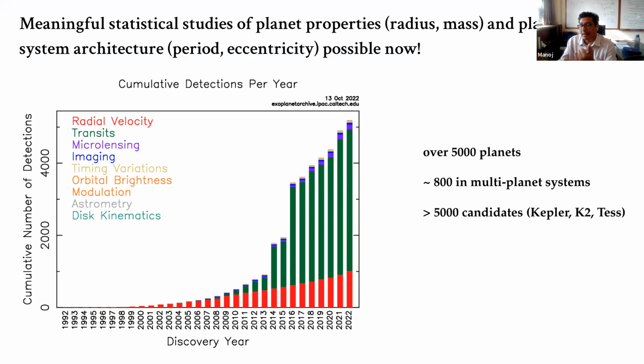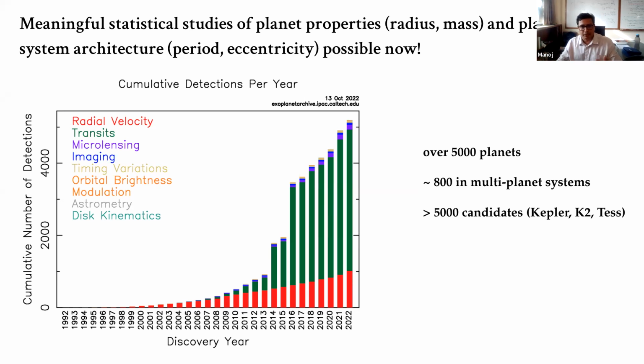For example, both radial velocity and the transit technique will give us the orbital period. The transit observation will give you the planet radius, and the radial velocity technique will give you the planet mass, uncertain to the degree of the orbital inclination.